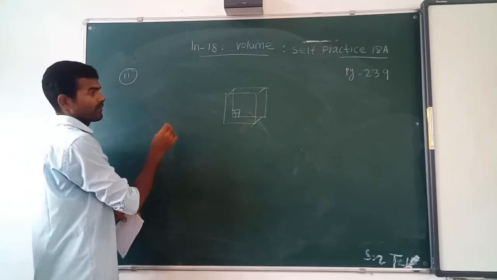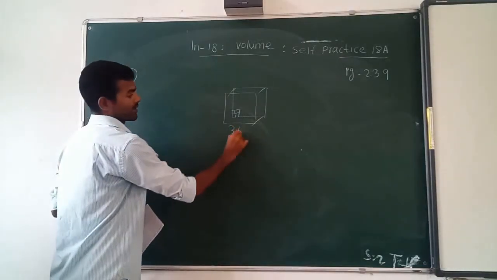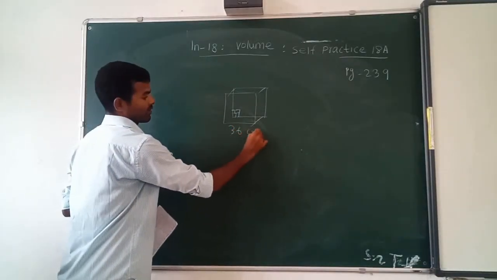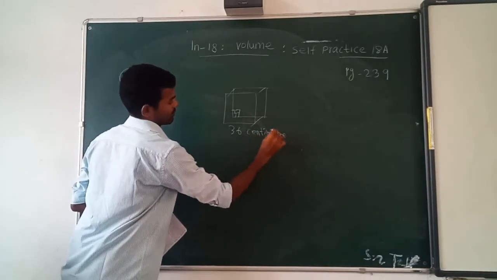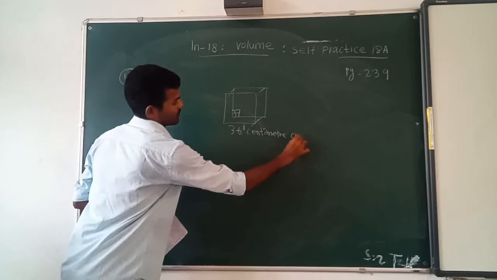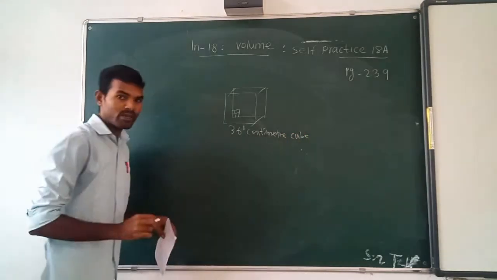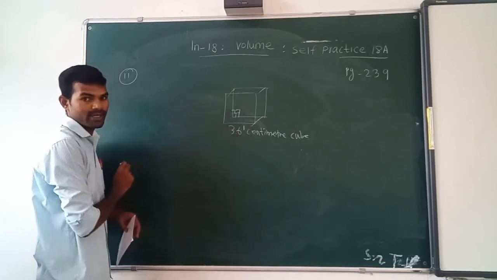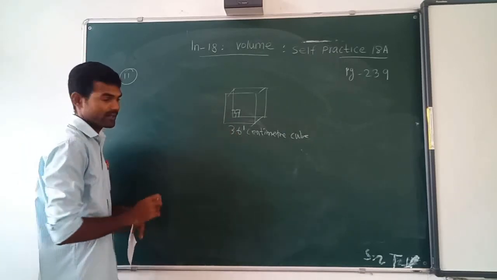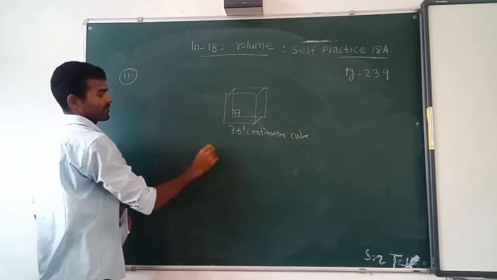So here there are 36 small one-centimeter cubes. So find the factors of 36. We know how to find the factors of 36. So write the factors of 36.